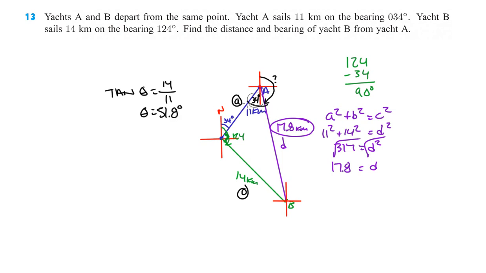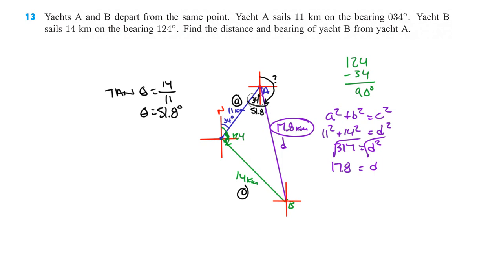Okay, so we know that whole angle right there is 51.8. I'm going to redraw some of this stuff so that we can have some room. So this was 11 kilometers. There we go. And so we know that this whole angle here is 51.8.